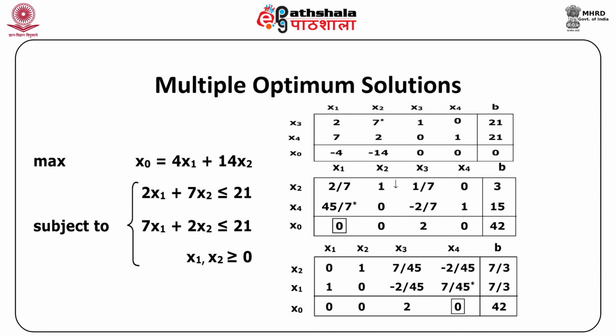Thus, all convex combinations of the points (0, 3) and (7/3, 7/3) are optimal feasible solutions.